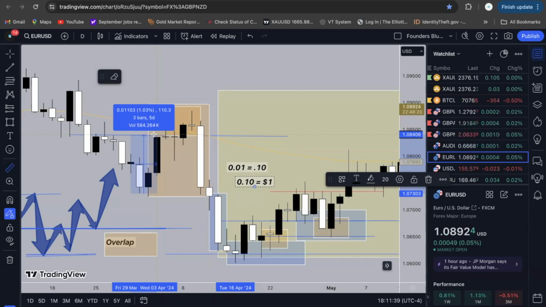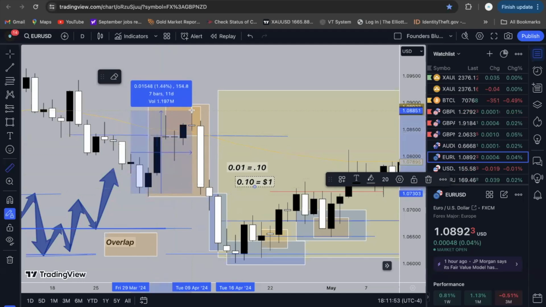So you would have gained $110 if you took it from here to here. Now let's say we were still in those buys, and we took it from here to here. How much will we have gained? 157 times 1. $157. So instead of gaining $110, we will have gained $157.